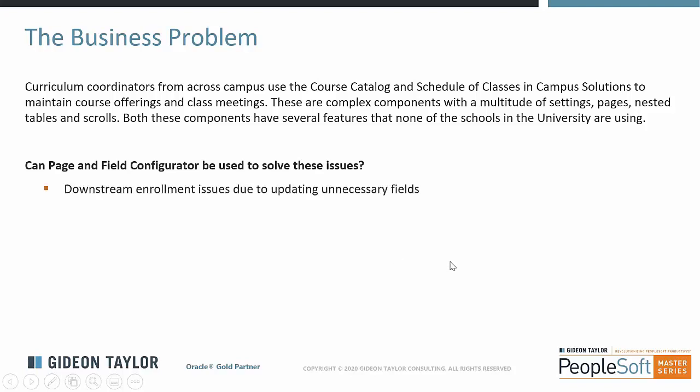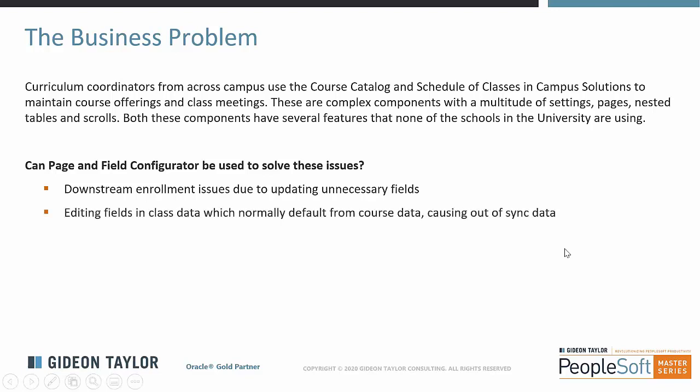Lots of problems were happening in course catalog and schedule of classes that the curriculum coordinators and the registrar were having difficulty maintaining. For one thing, there were unnecessary fields on these components that curriculum coordinators would accidentally enter information in, which would cause downstream enrollment issues and issues in the printed schedule.